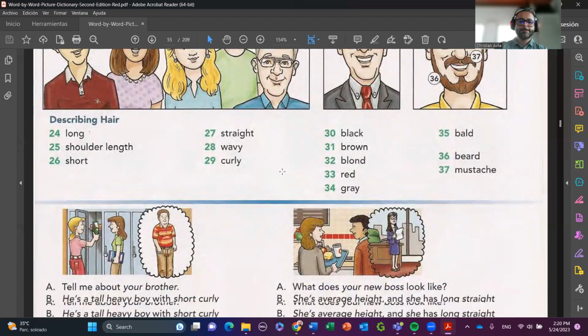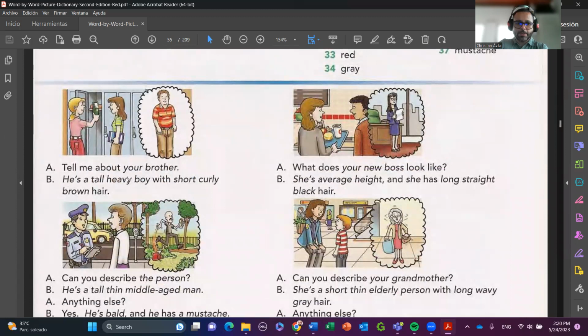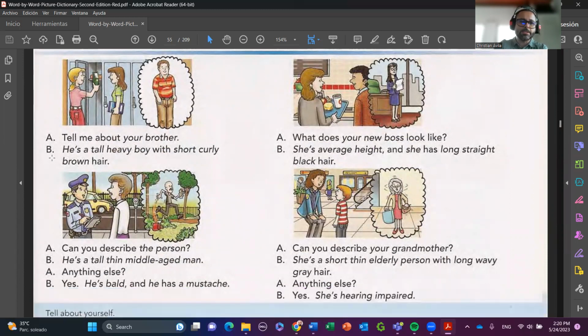All right. And then over here, there is more information. We already checked this information, okay? You can use descriptive words to describe people depending on the situation. For example, in this one, they are describing someone like the brother of one of these ladies in this conversation.